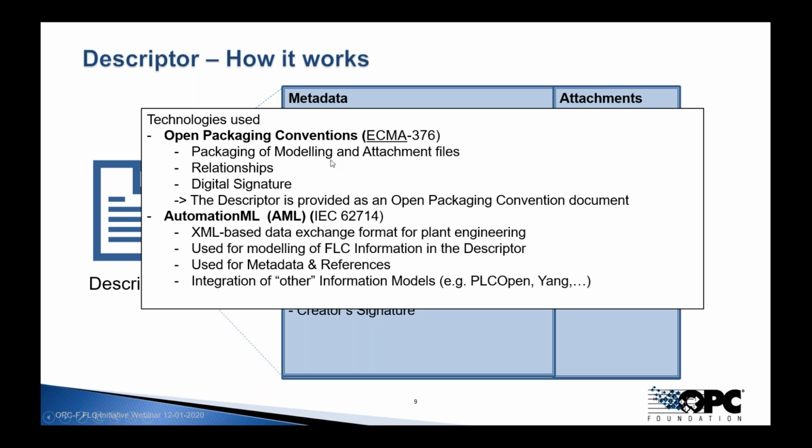This makes it possible, for example, to define a table of contents, to get some navigation into the content from a start document. And so this helps to better understand the structure. Open Packaging Convention also defines a digital signature, and we are using this whole concept and saying this is now the standard for the field level communication descriptor.